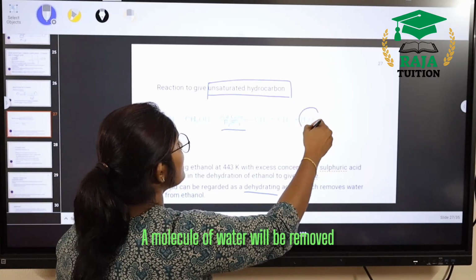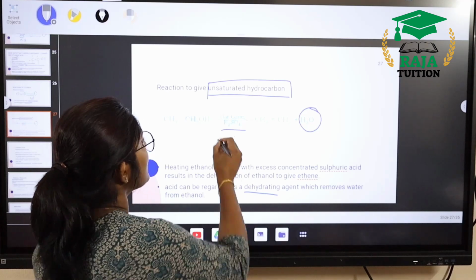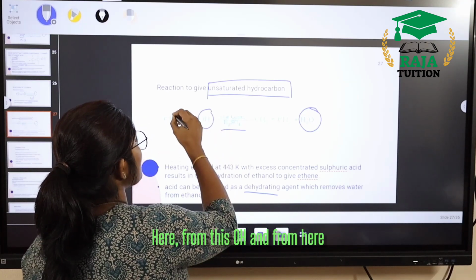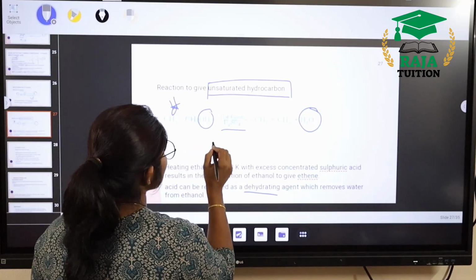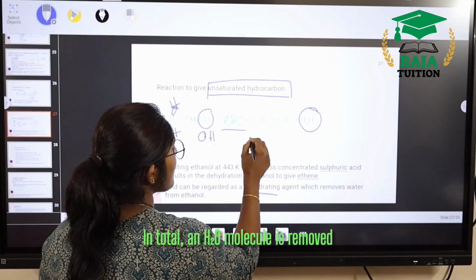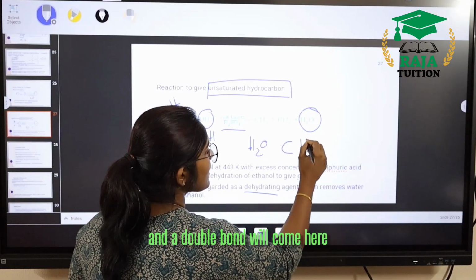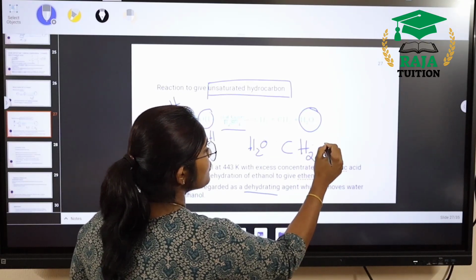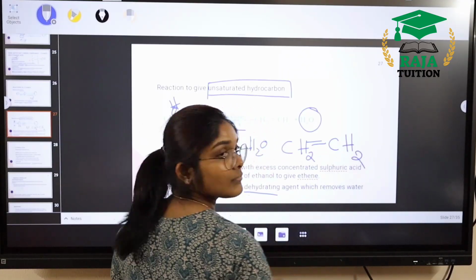Here, from this OH and from here one H is removed. From this a hydrogen and from this OH. In total an H2O molecule is removed and a double bond will come here to form an alkene. What alkene is this?